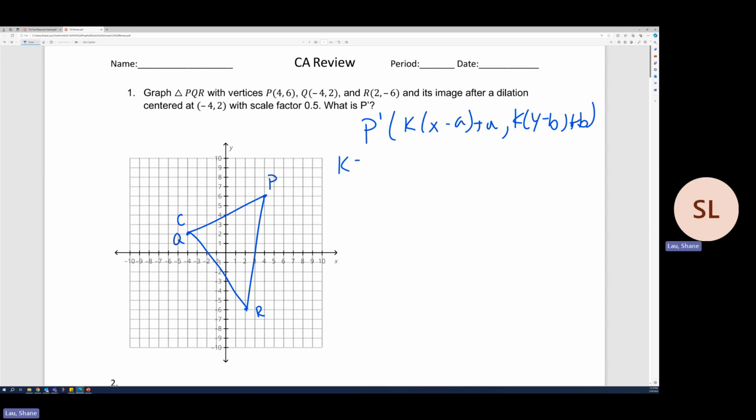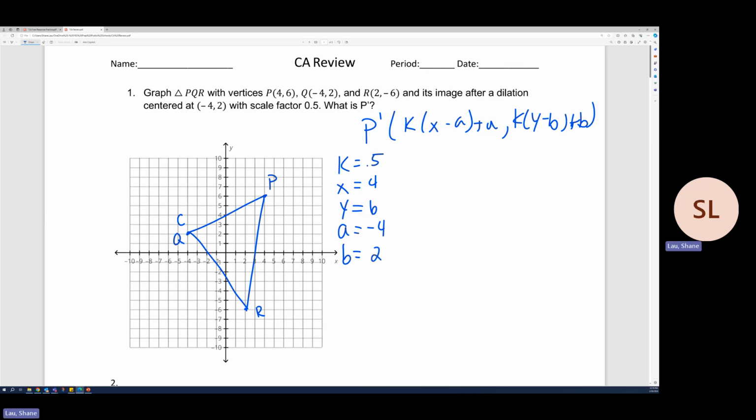The formula we have to use is P prime equals (k(x - a) + a, k(y - b) + b), where k is the scale factor. We know k equals 0.5. We know x and y to be the original point, and we know a to be the center's x value and b to be the center's y value.